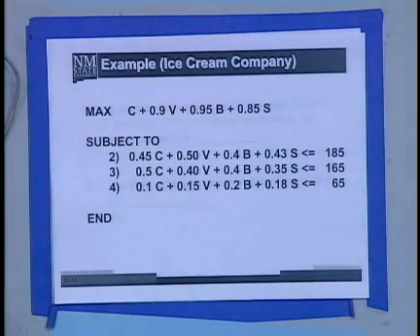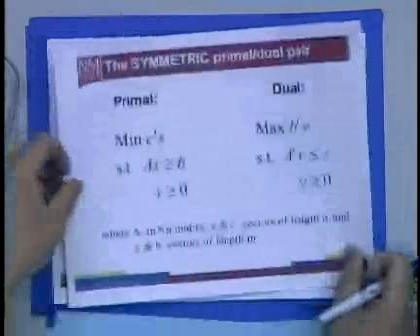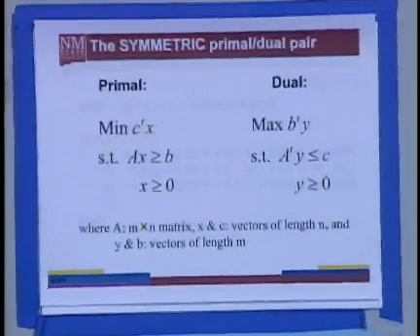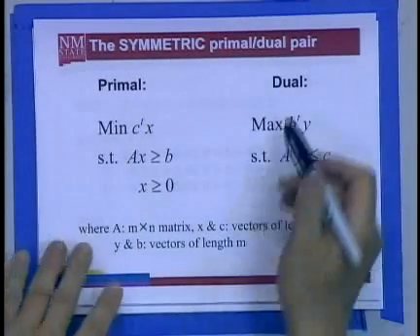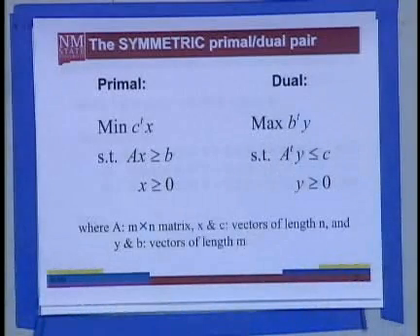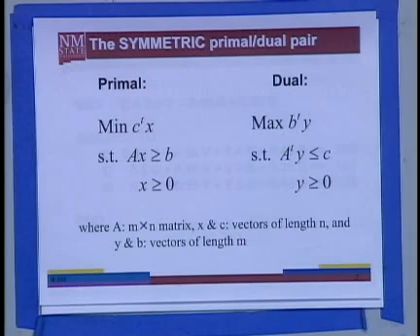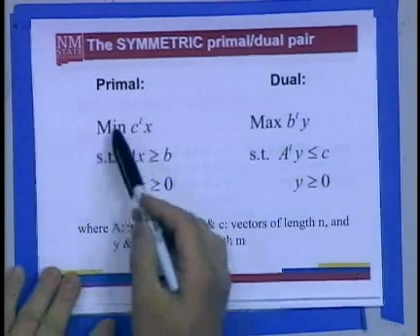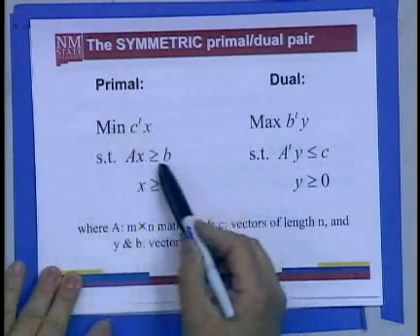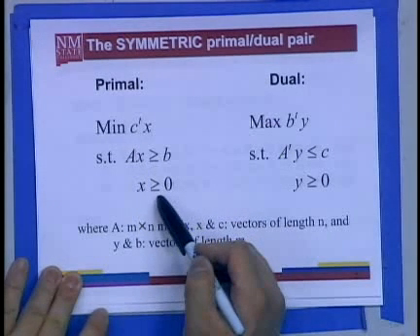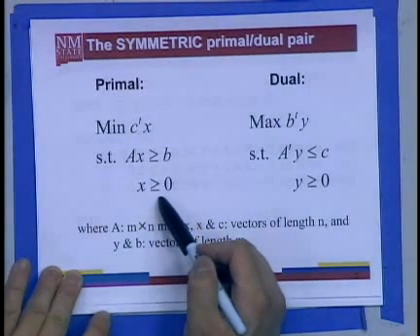It is in the form of dual in the symmetric primal dual pair, right? So this dual must be a minimization problem with greater than equal constraints and non-negativity restrictions, right?